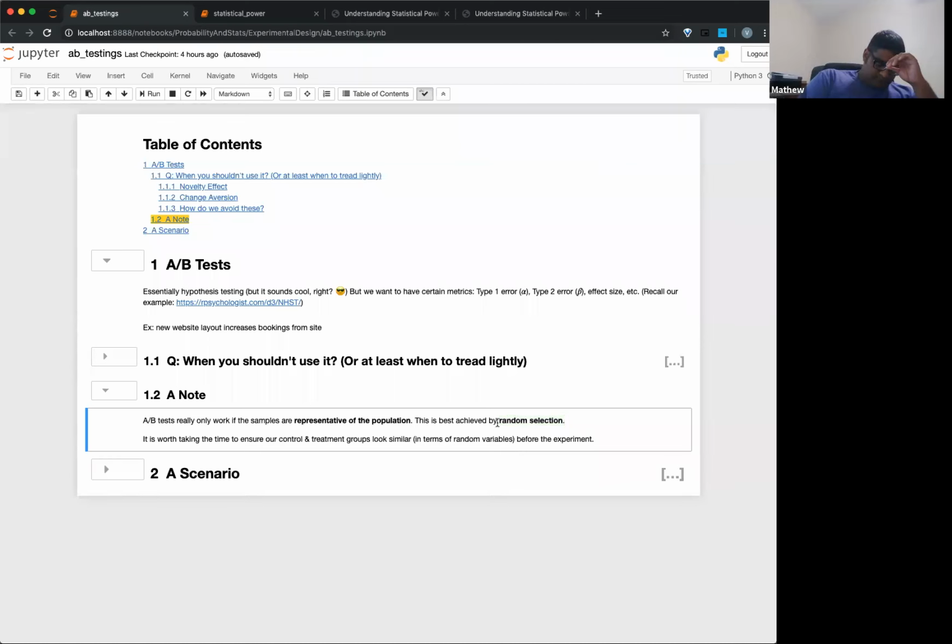One thing to note, though, is that random selection is not always the best thing to do. Sometimes it makes sense to do a stratified selection, where we break people into groups and randomly select within those groups to make sure we have an equal number of people representative of the population.